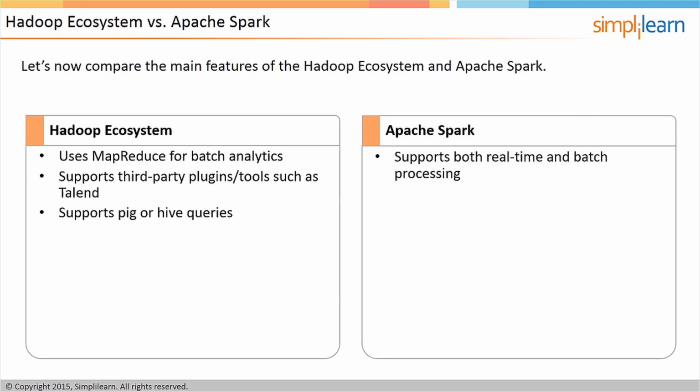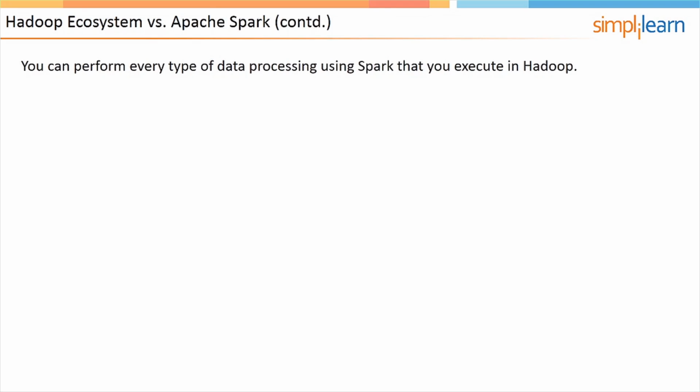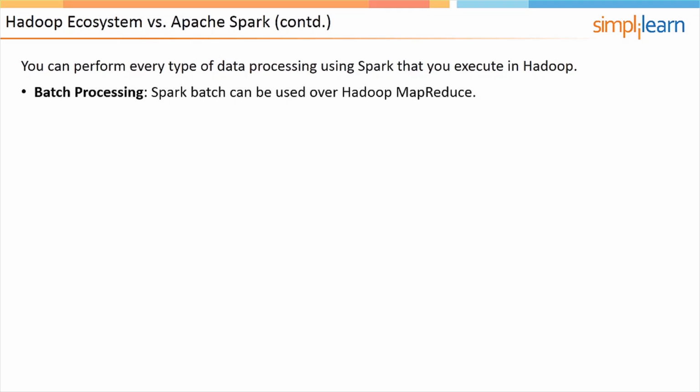On the other hand, Apache Spark supports both real-time and batch processing. You can perform every type of data processing using Spark that you execute in Hadoop. For batch processing, Spark Batch can be used over Hadoop MapReduce. For structured data analysis, Spark SQL can be used.